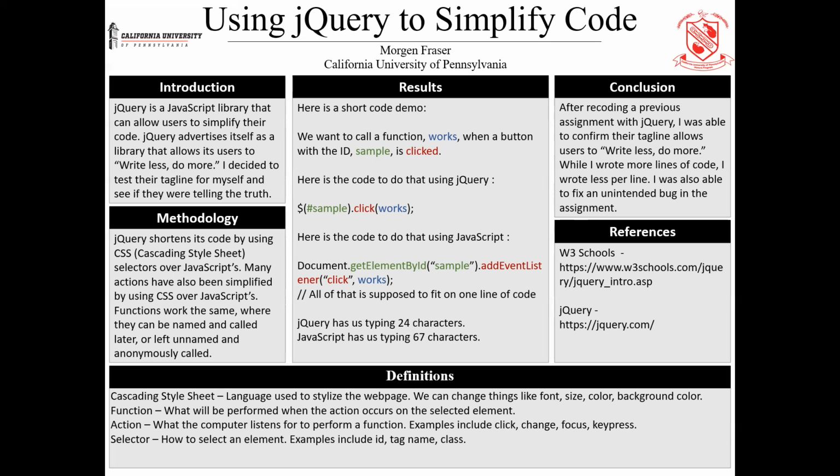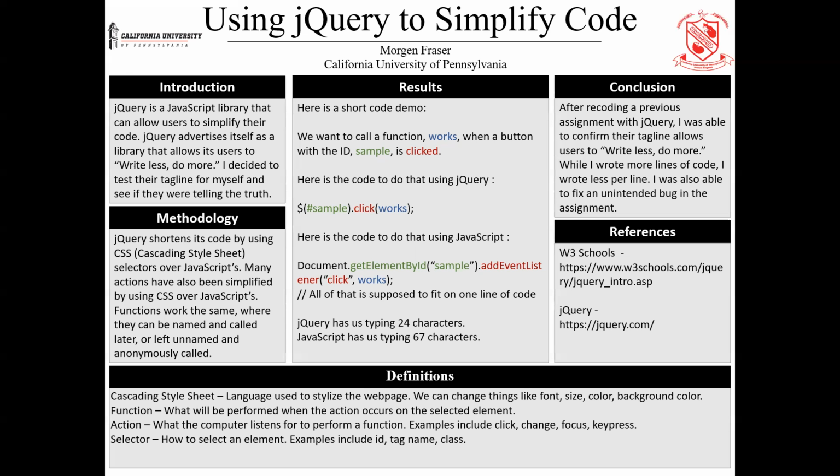Functions work the same in both methods of coding, where we can name the function and call it later, or leave it unnamed and call it anonymously. A function is what will be performed when an action occurs on the selected element. A function can be as simple as adding two numbers, or as complex as you want it to be.